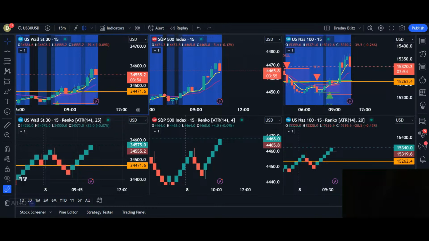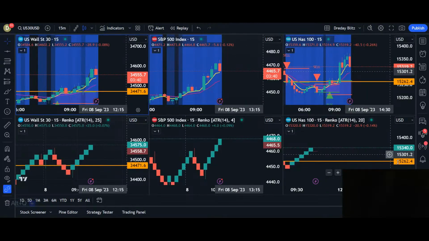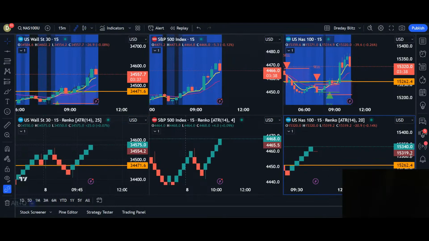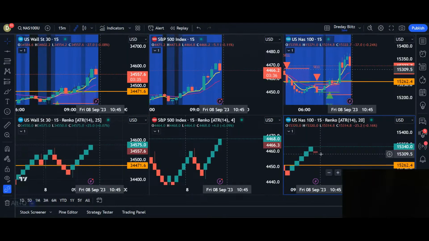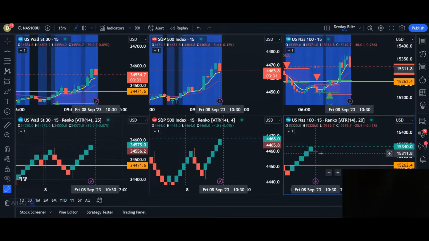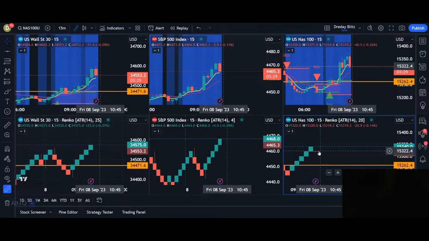So currently we're looking at some selling pressure here on US30 and Nasdaq. This is exactly what I was telling you guys. So when I see an actual start, maybe of a reversal, as you can see here, the Renko bar is starting to show a Renko bar going down.